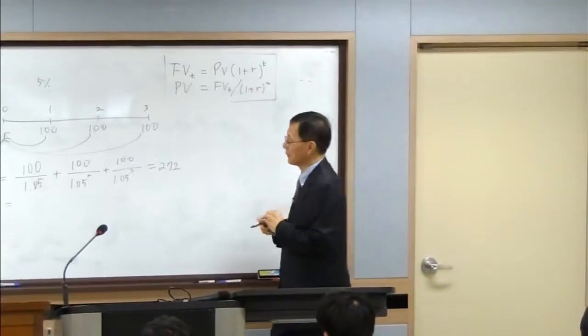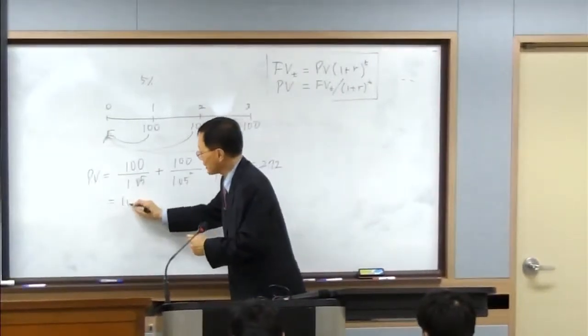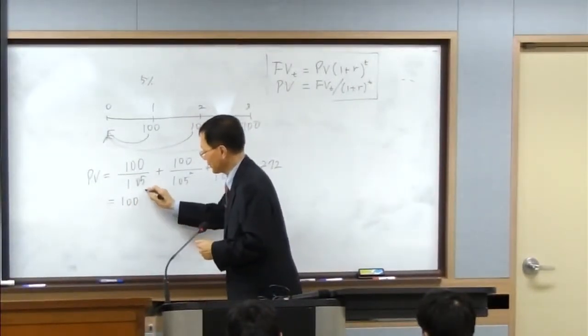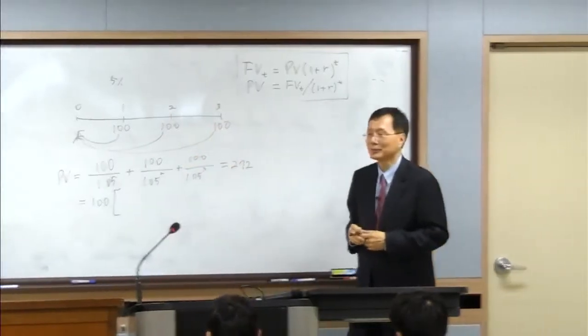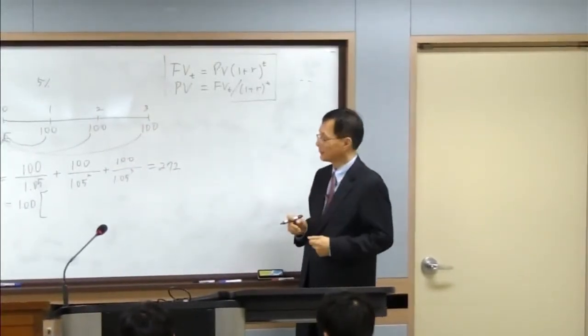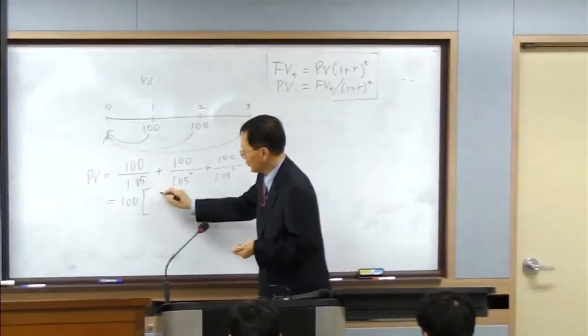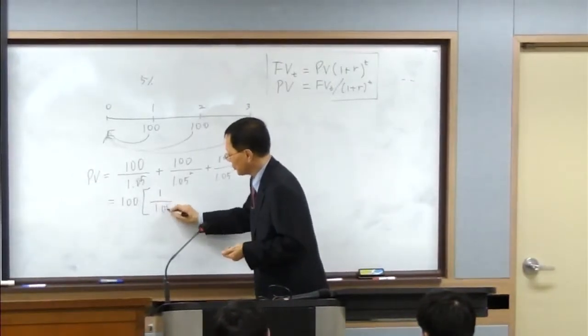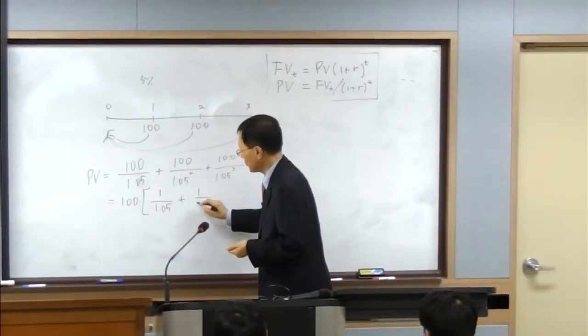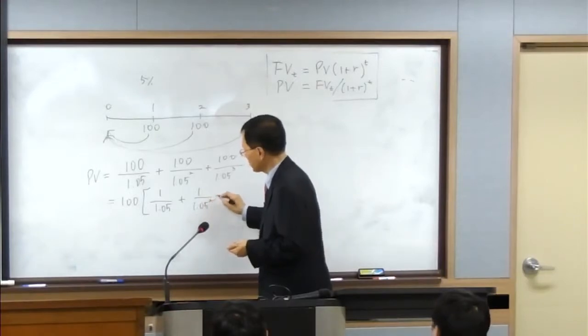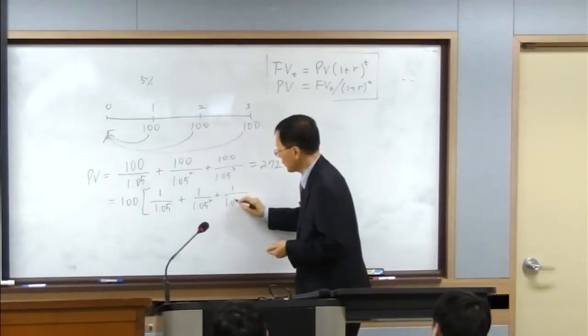Take 100 out of the equation, and it will be 1 over 1.05 plus 1 over 1.05 squared plus 1 over 1.05 cubed.